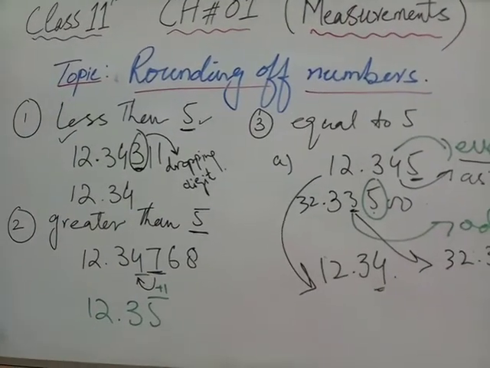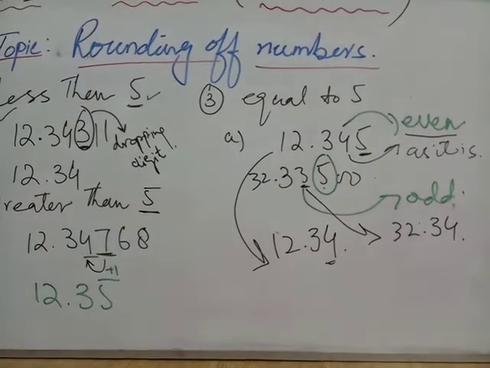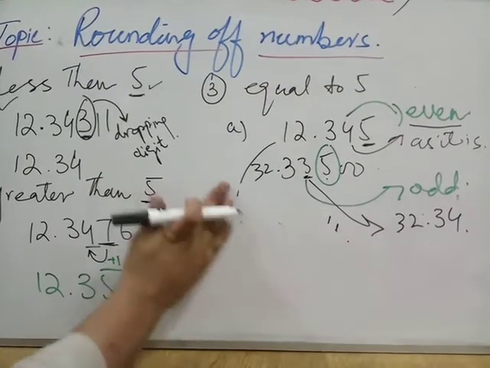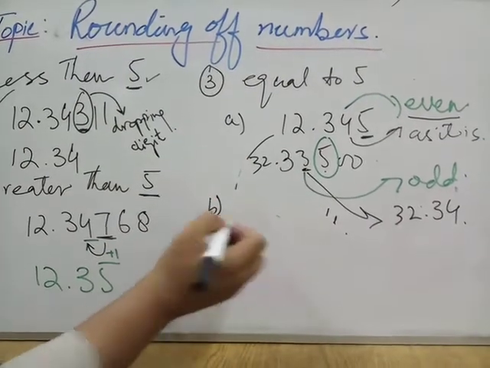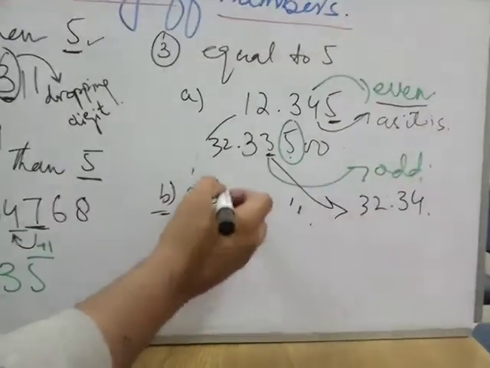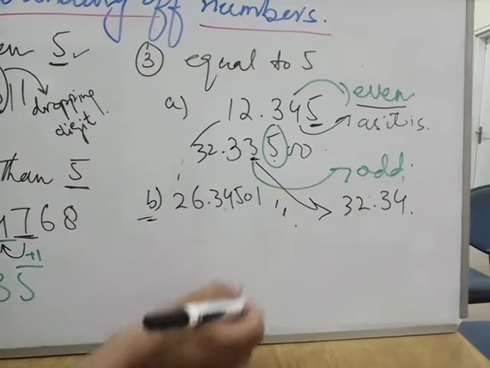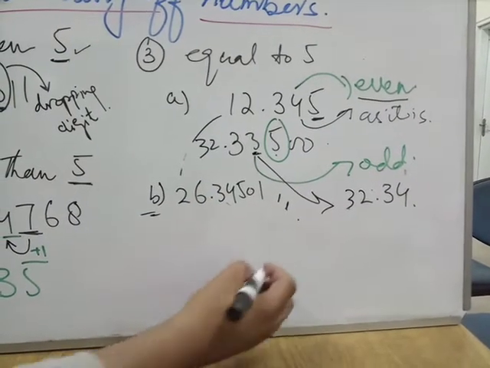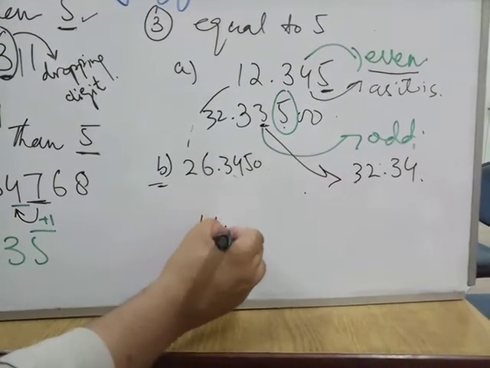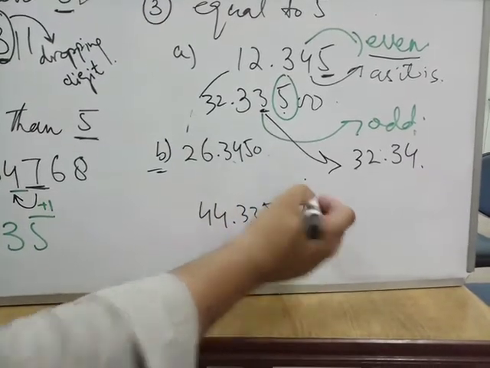If there exists a non-zero digit at any place after dropping 5, we can say that we have a value here. For example, we can have a number like 26.34501, or another number 44.33567.